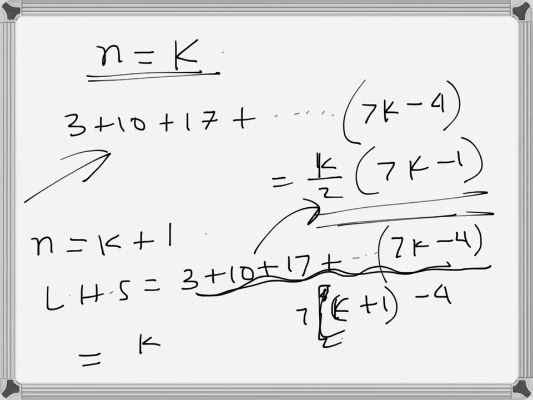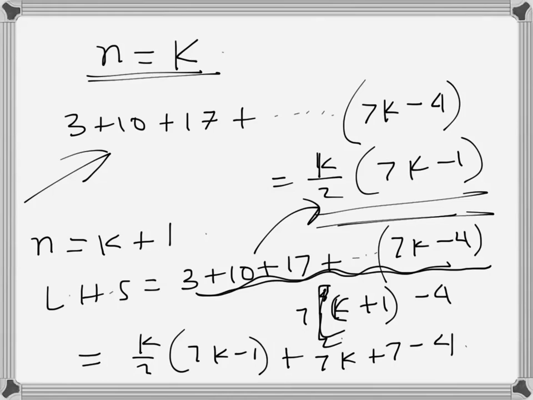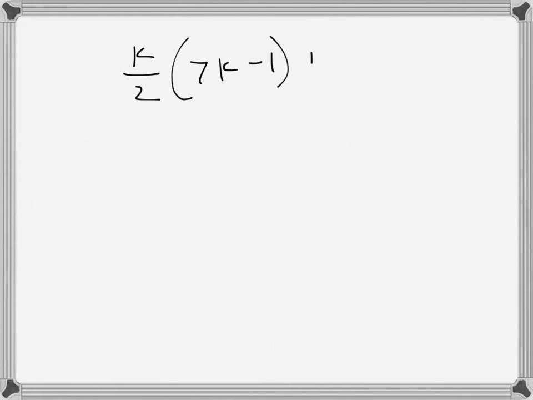So this is k over 2 times 7k minus 1, plus, if I get rid of the bracket, 7k plus 7 minus 4. So that is k over 2 times 7k minus 1, plus 7k plus 3.